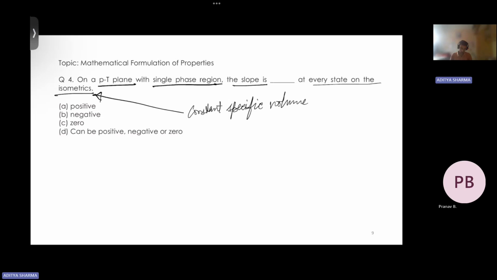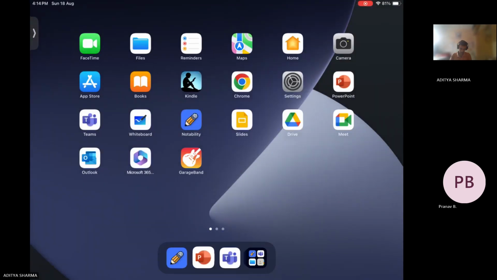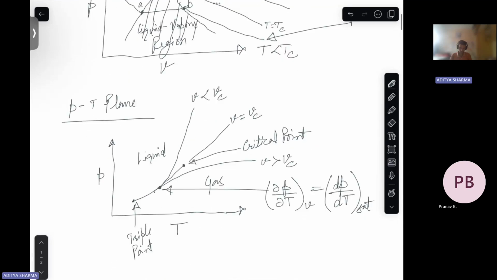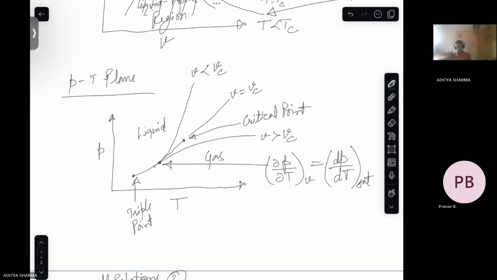So let's see the diagram. So this is your PT plane, right?